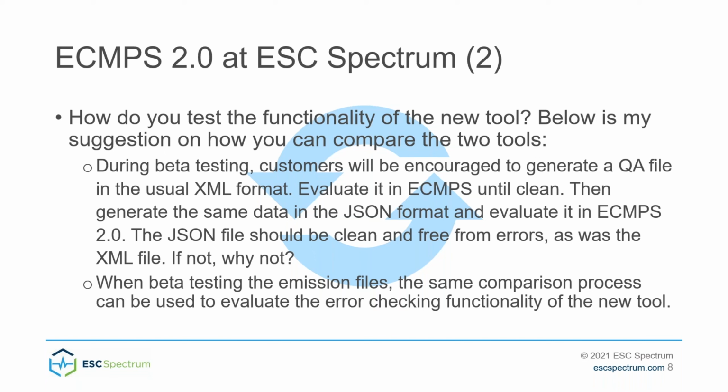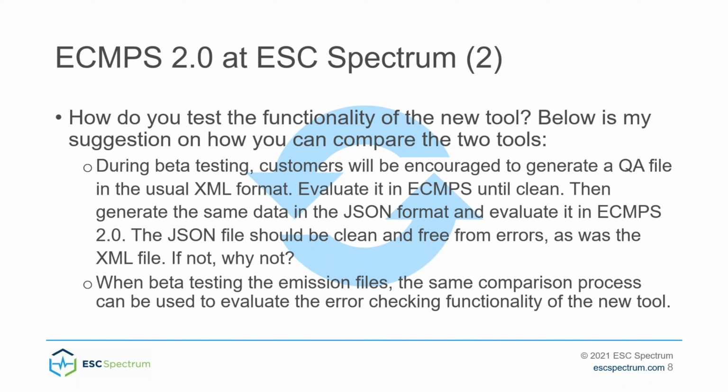And at that point in time, you'll know that the database within your DAS is now set up correctly. Then generate the same data file in the JSON format and evaluate it in the new ECMPS 2.0 tool.